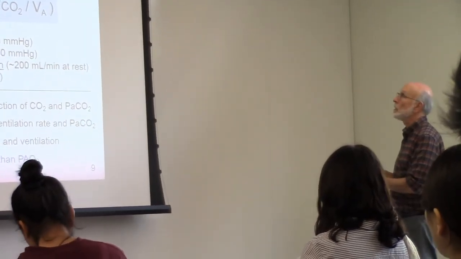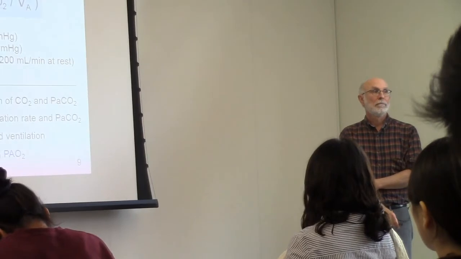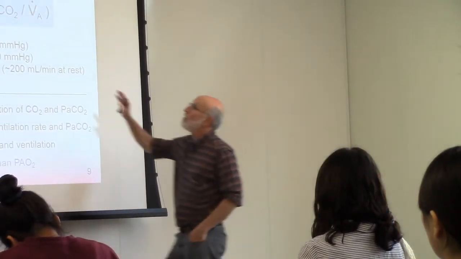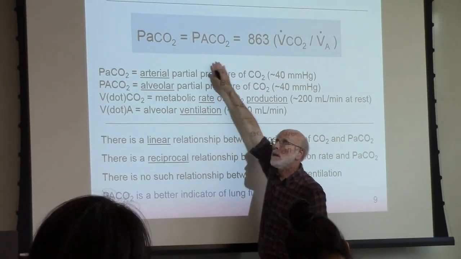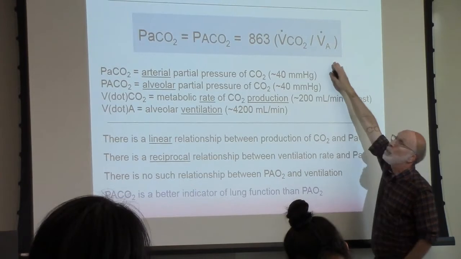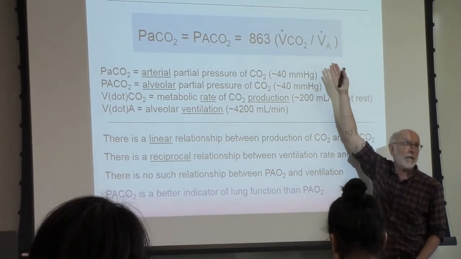And simply knowing this equation is helpful. Don't memorize the 863. Do memorize that if you put partial pressure on the left side of the equation, you've got to put V dot CO2 in the numerator, and you've got to put ventilation in the denominator. If you get those flipped upside down, you're all wrong.